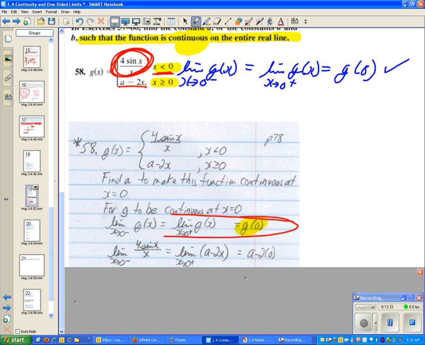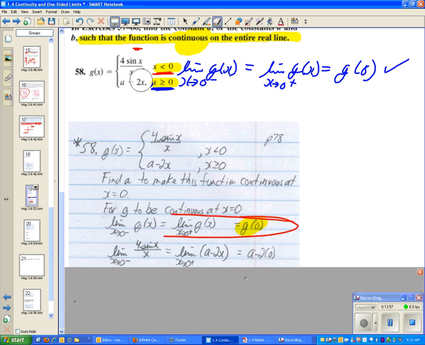All right, to find the limit of g of x as x approaches 0 from the right, I've got to use the definition of the function whose domain has the x's that are to the right of 0. So that would be the limit of a minus 2x as x approaches 0 from the right equals g of 0.